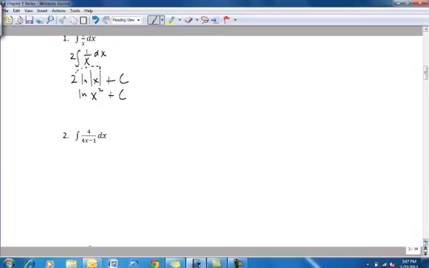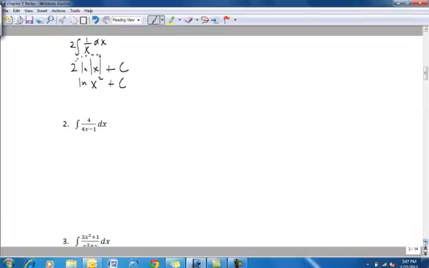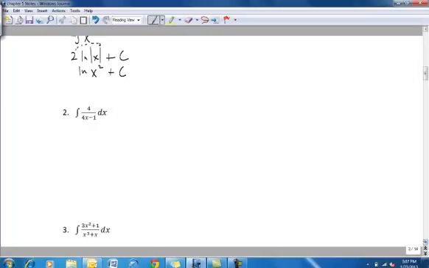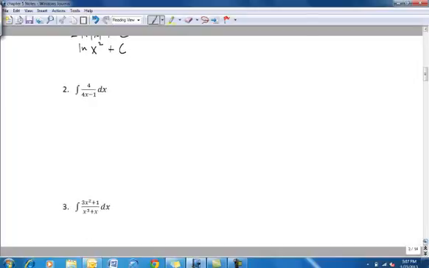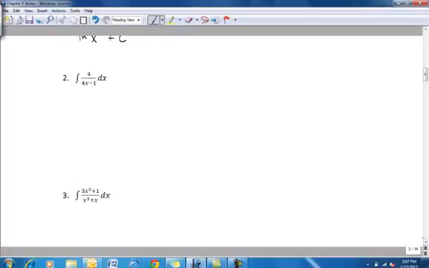Number 2, I'll take a slightly different course with number 2. Again, you have a fraction, and you'll find pretty quickly that integrating fractions can be a big challenge. So here's what I want you to notice. We have a fraction, for one. But do you notice how the derivative of the bottom is the top, right?